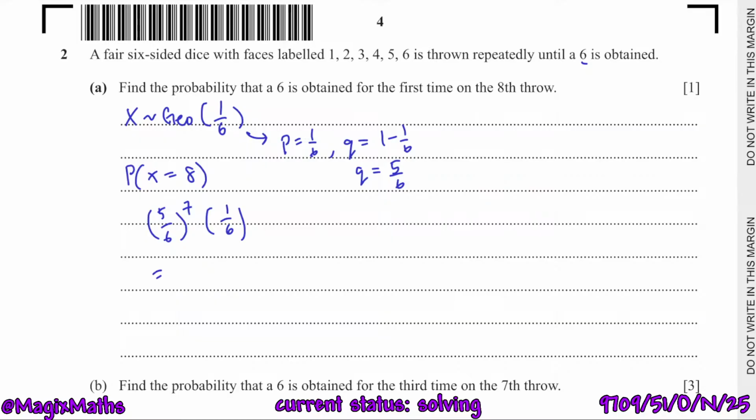So plugging in our values in the calculator, we should obtain 0.0465, rounded to 3 significant figures. Right.